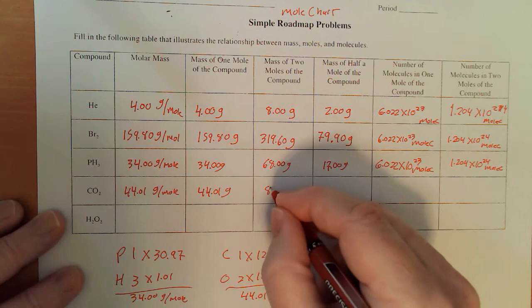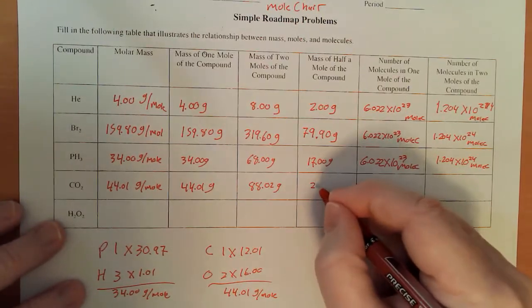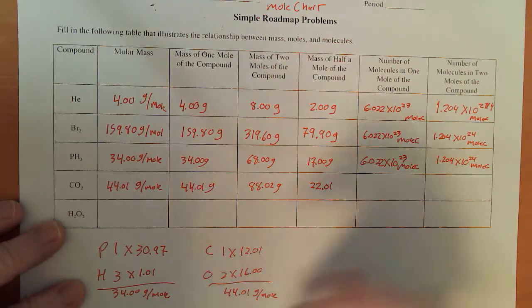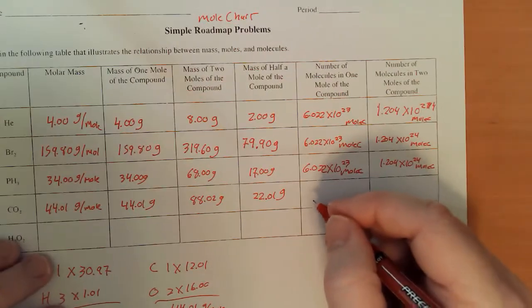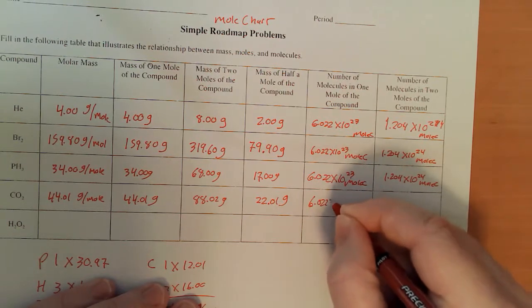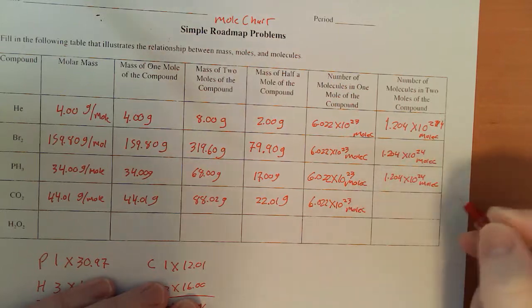Multiply it by 2 moles, 88.02 grams. Half a mole, 22.00, 0.01, the way we rounded off. Don't worry about that so much, grams. And again, the number of molecules in 1 mole is 6.022 times 10 to the 23rd molecules. Hopefully we're driving that point home.